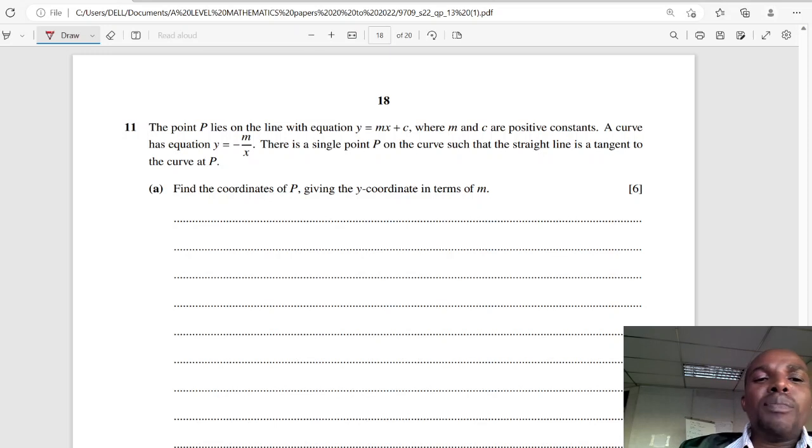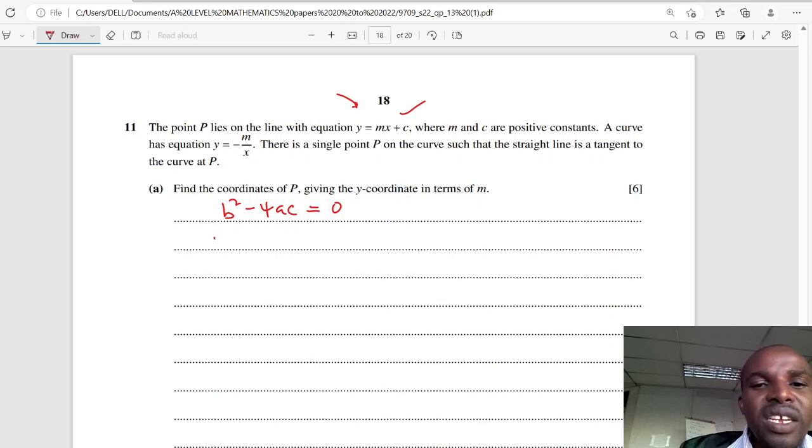The point P lies on the line with this equation, where m and c are positive constants. Tangent to the curve means b squared minus 4ac is equal to 0. But first you have to find the point of intersection, because the line and the curve are meeting.